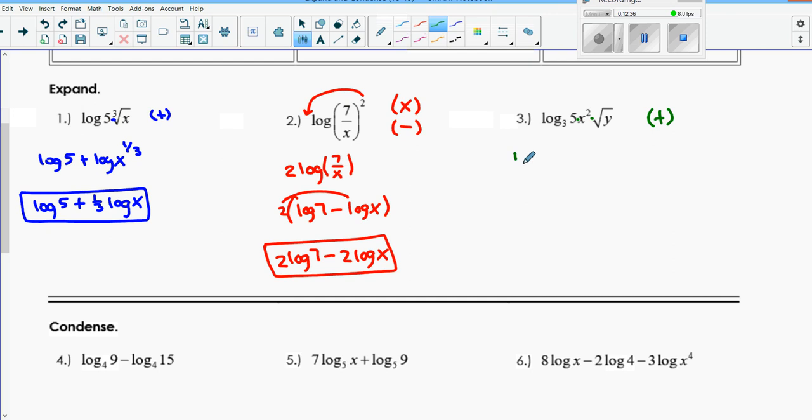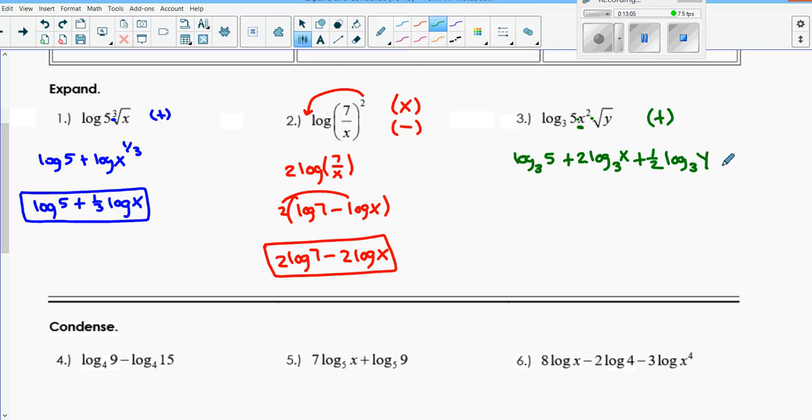So this would be log base 3 of 5 plus, since this is x squared, I'm going to bring the 2 out in front, which means it's 2 log base 3 of x. Don't forget your bases. And then the square root of y, remember, is y to the 1/2. So that means this is going to be 1/2 log base 3 of y.